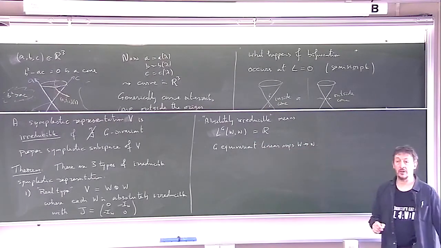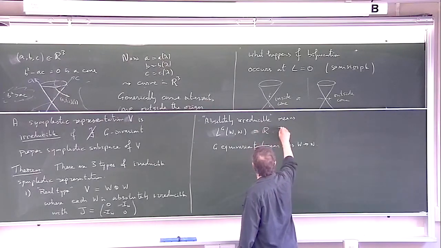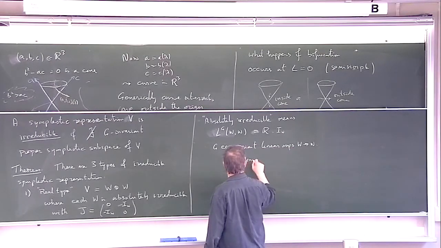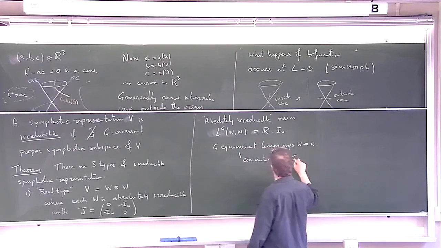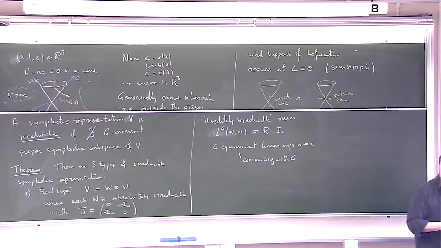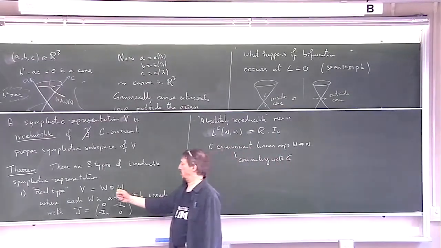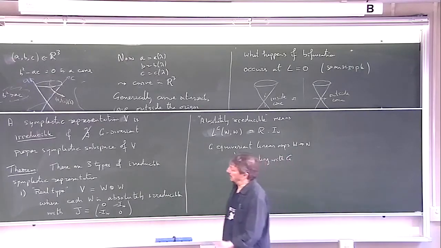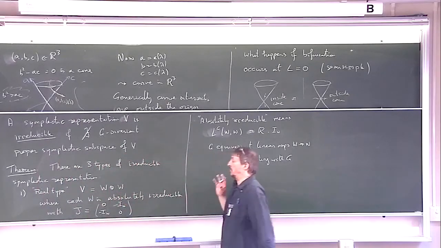So the only commuting, well, that's right, it's equal to R times. So G equivariant means commuting with G. When you study representations or dynamics with symmetry, linear dynamics at least, it's very important to understand the set of maps which commute with the group, because a linear vector field has symmetry if the matrix L commutes with G, with the group.